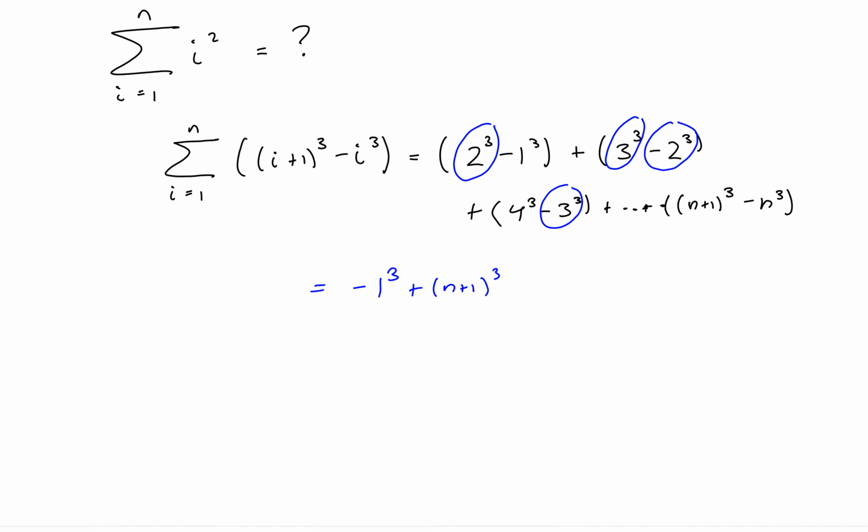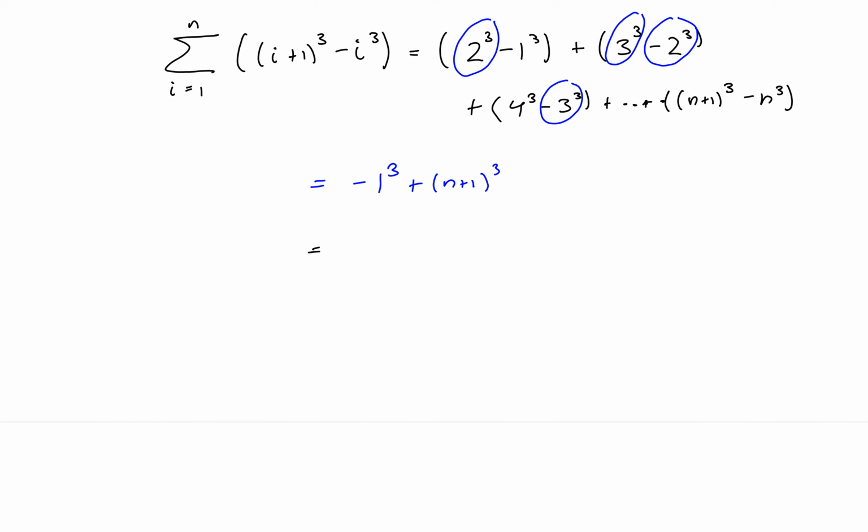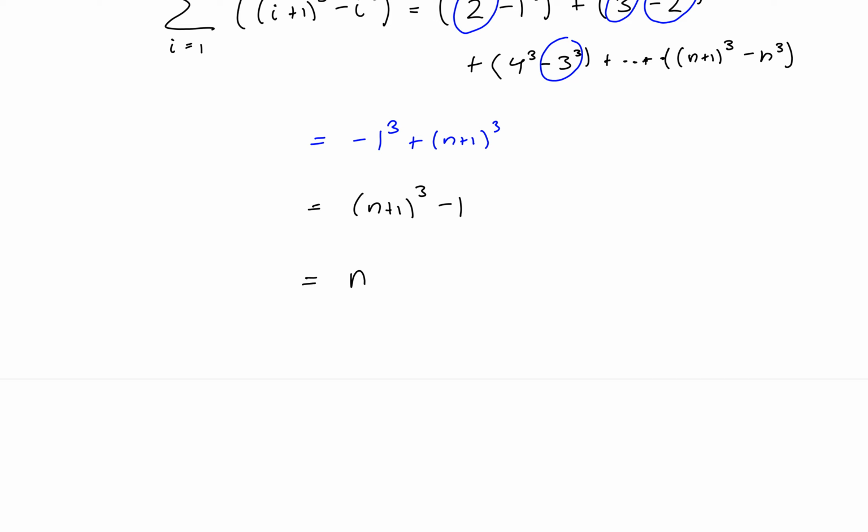So that whole sum cancels out to be just n plus 1 cubed minus 1. And if we simplify this, this gives me n cubed plus 3n squared plus 3n.